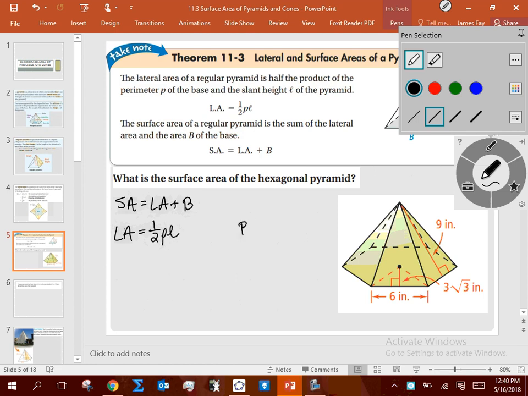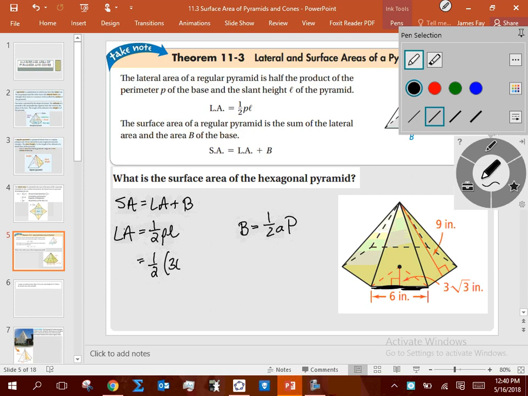And now B, capital B, what is the shape of the base here? Hexagon. What is the formula for a hexagon's area? 1/2 AP. Okay. So when I look at this, okay, 1/2 P, what is the perimeter of your base? Yeah, it'd be 36. It'd be that distance there 6 times, right?